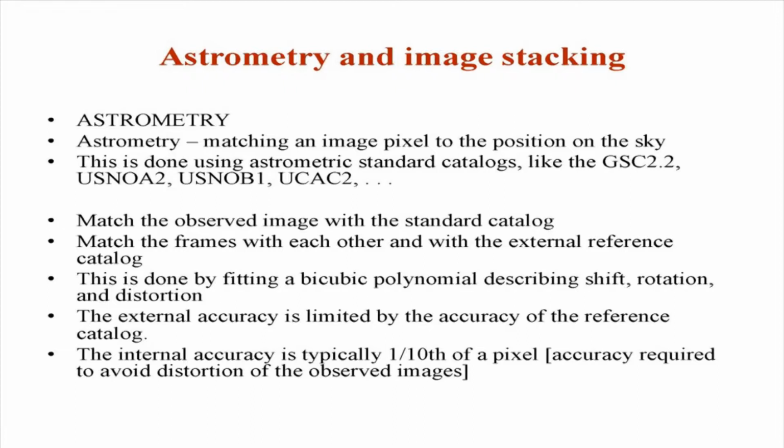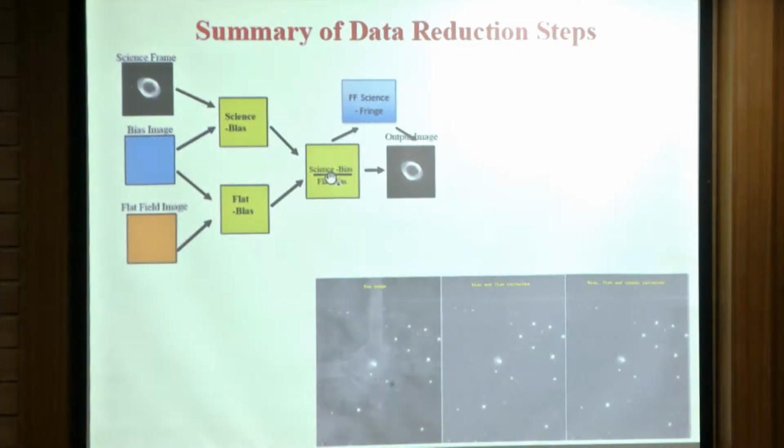You identify your field with that, and then you are able to match your pixel to the sky coordinates. This again will be part of the module, and then you have the stacking. Finally, this is the summary of the various steps that we need to do in image data reduction, which you can actually do now with the module. Thank you.